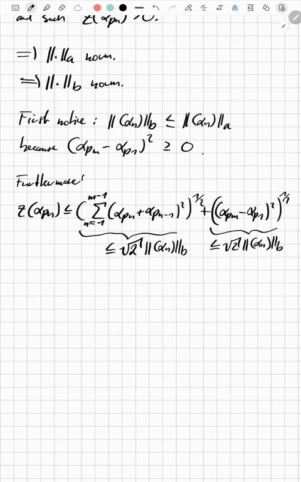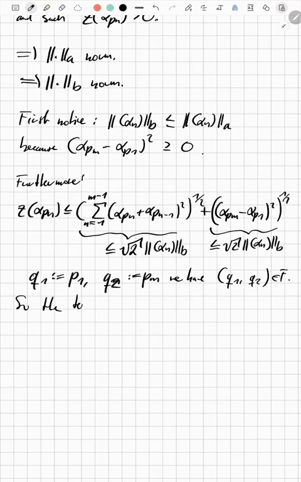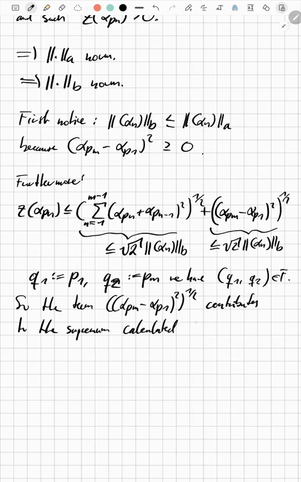And why is that? Well, that's because for Q1 equal to P1 and Q2 equal to Pm, we have that Q1, Q2 is an element of F. So the term square root of alpha Pm minus alpha P1 squared contributes to the supremum calculated in the B norm.